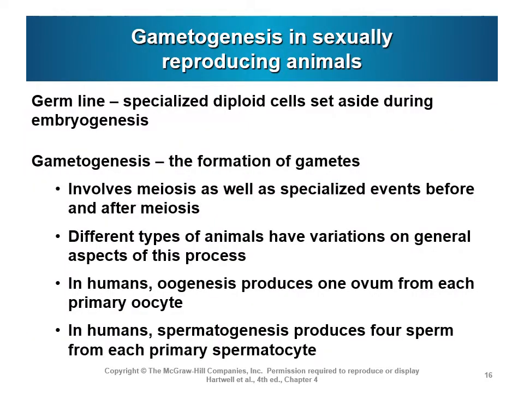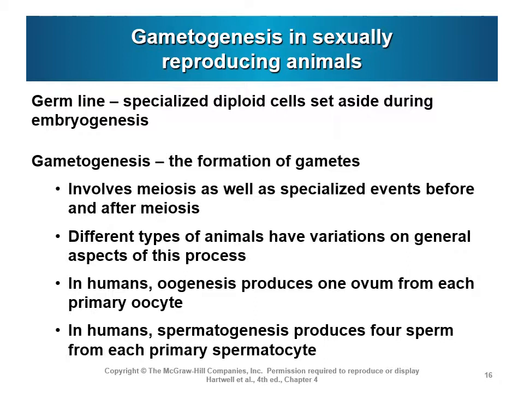So by now we know that germlines are specialized diploid cells set aside during embryogenesis. Gametogenesis is the formation of the gametes, involving meiosis with all of its pre- and post-meiotic events. Different types of animals have variations on general aspects of this process, as we have mentioned before and shown in examples. In humans, for example, oogenesis produces one ovum from each primary oocyte.